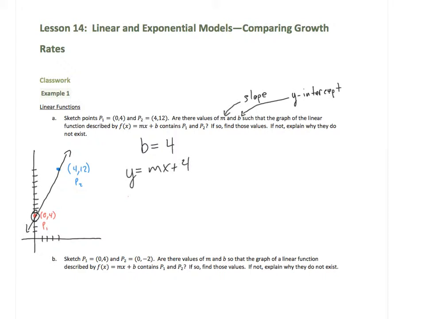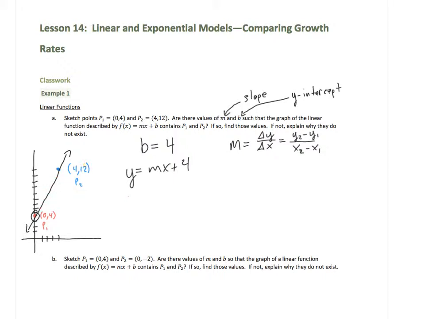So now let's try and find that m value. In order to do that, we can do this multiple different ways. We can do this with algebra. So I know that m, my slope, is the change in y over the change in x, which is the same thing as (y2 - y1) over (x2 - x1). And remember, I know this because the second point minus the first point will get me the slope between them, right?